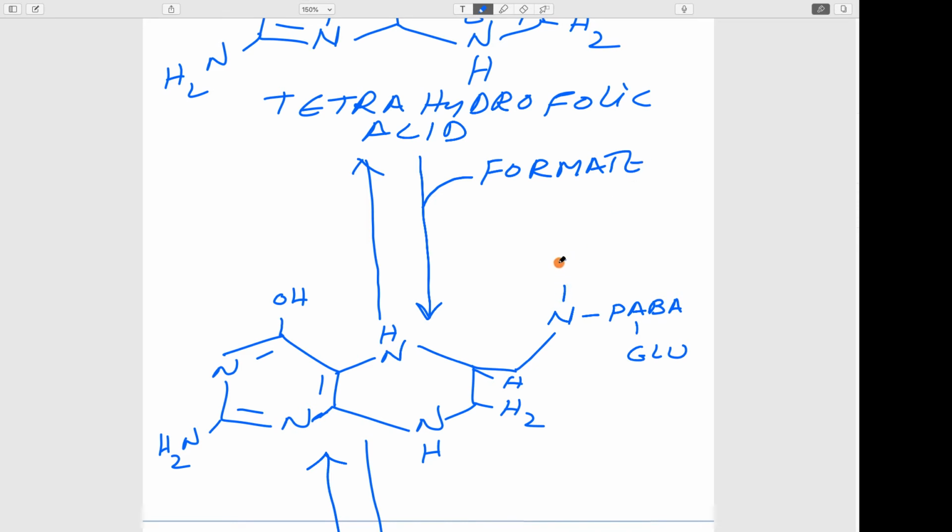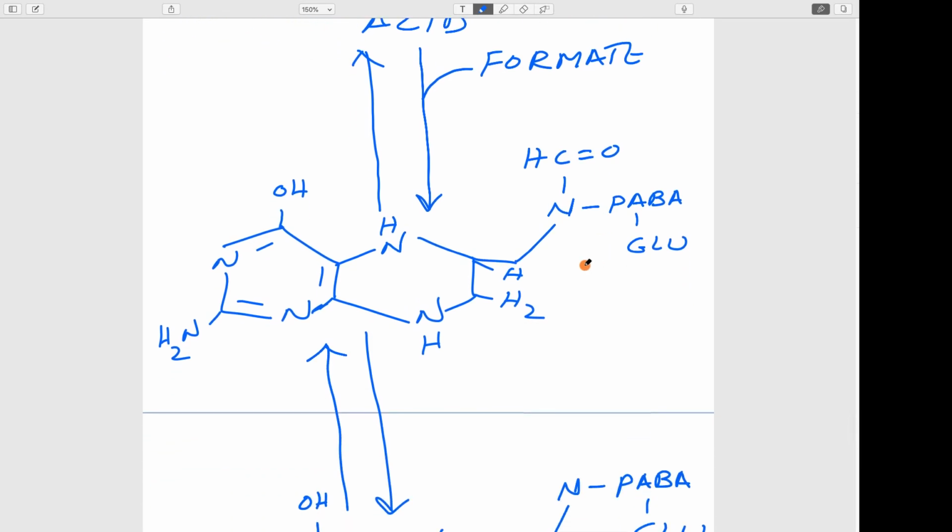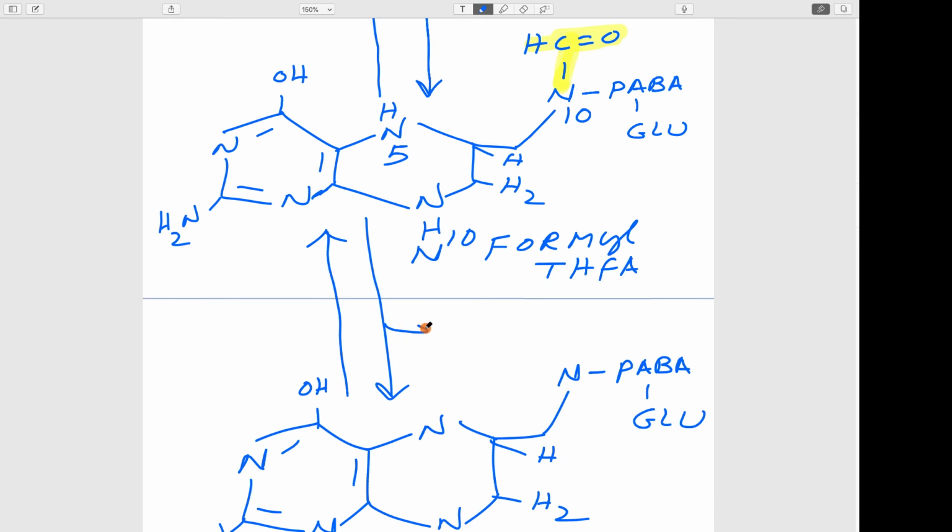It leads to formation of N10 formyl THFA. See, this is 10, this is 5, and the group is attached here. There is dehydration, H2O is released, and again H2O can be added in the reverse reaction.